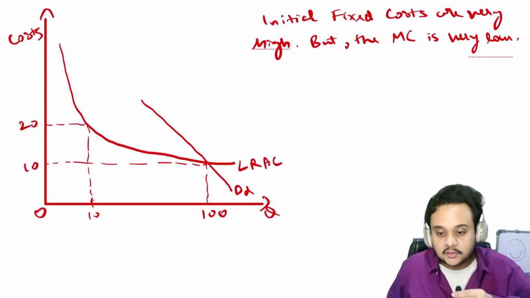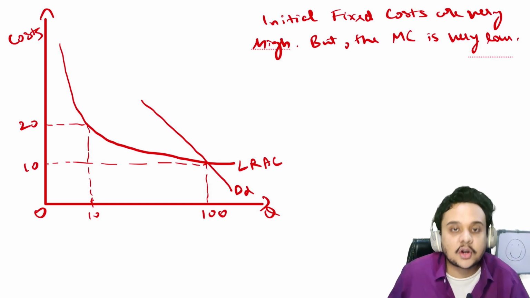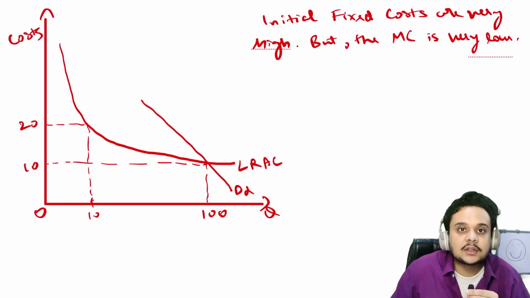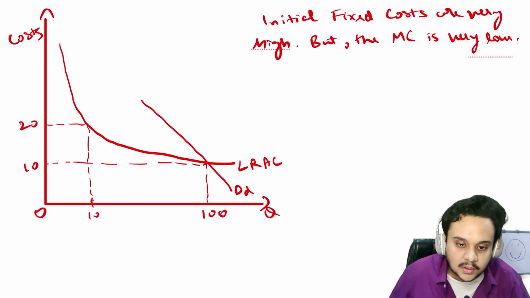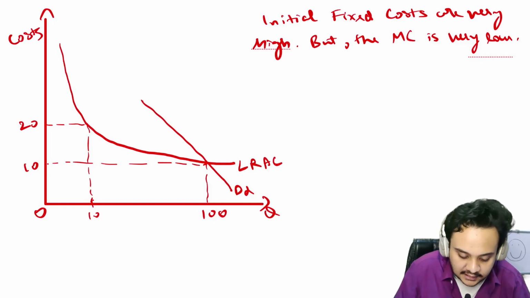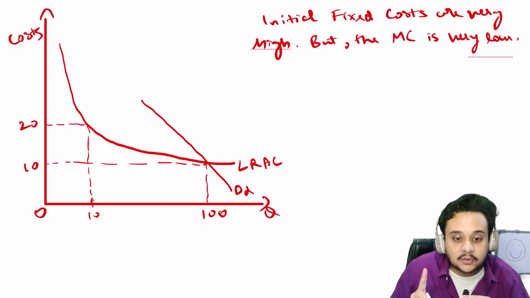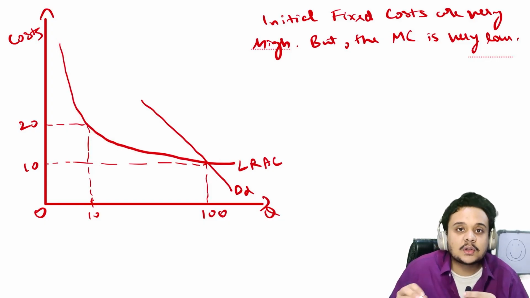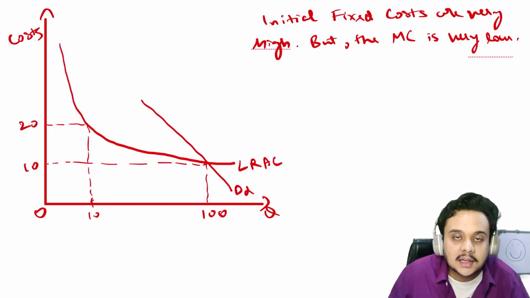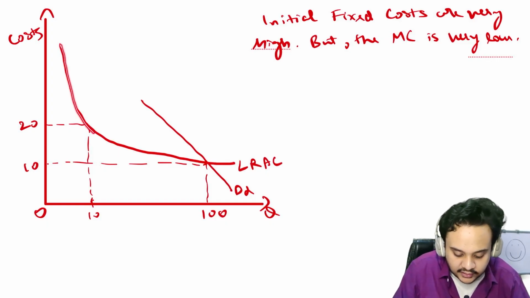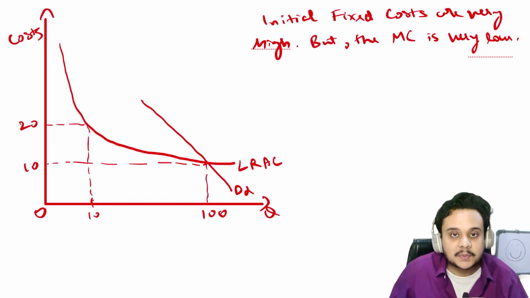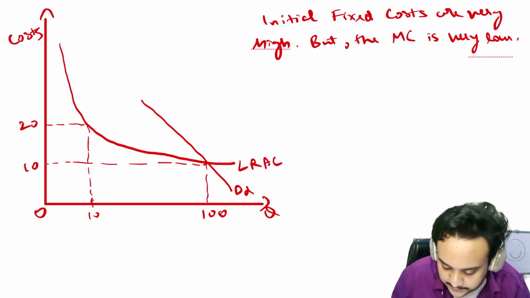Once you have paid off the fixed costs, the marginal cost for producing each additional output is very low, and because of that the long run average cost curve comes down very fast, because even though the startup cost was so high, the cost of operation is so low that the curve is coming down very fast. And what could be such examples?